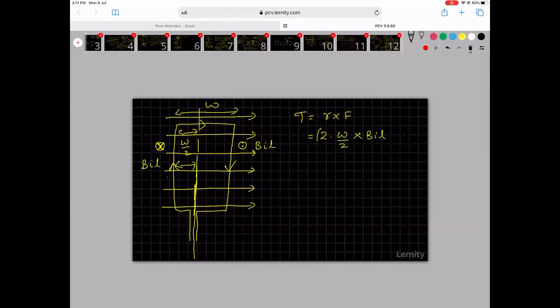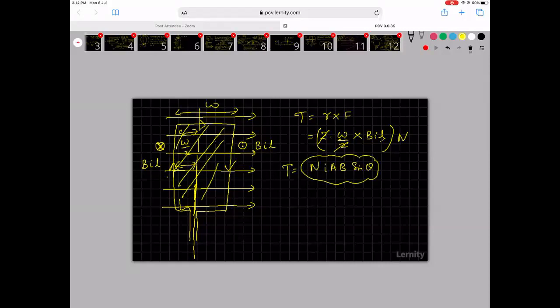If there are n loops, I have just taken one loop, it will become n times. Bring the L this side, and the 2 gets cancelled. Length into width is nothing but this particular area. So it will become NIAB sine theta. This is the torque acting on the loop.